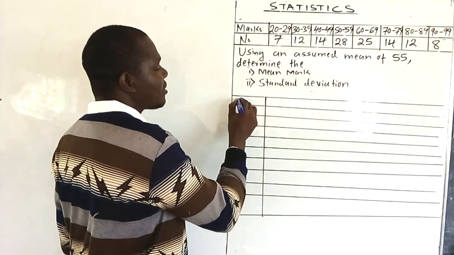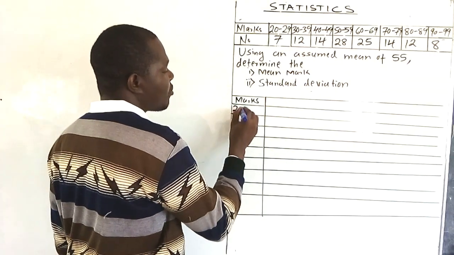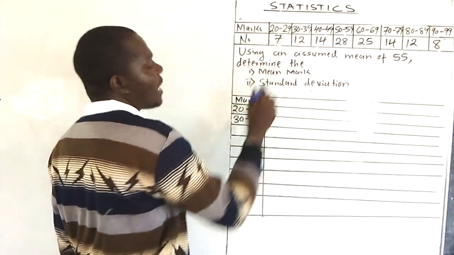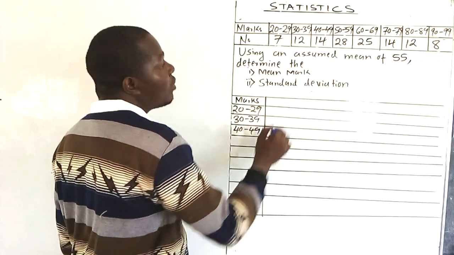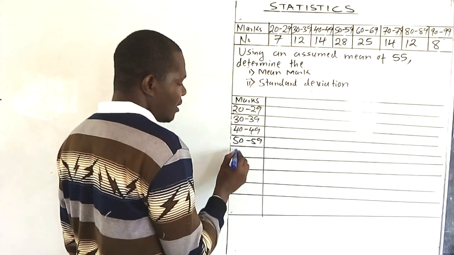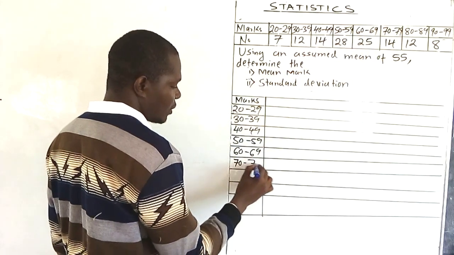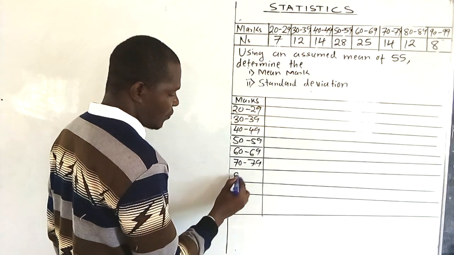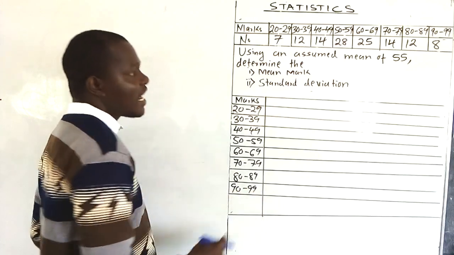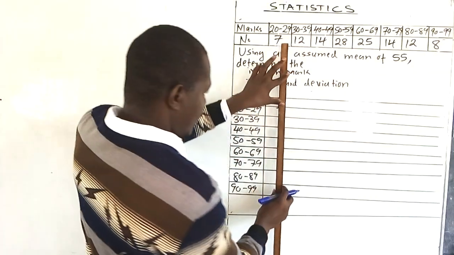And those classes marks are from 20 to 29, then from 30 to 39, then 40 to 49, then 50 to 59, then 60 to 69, then 70 to 79, then 80 to 89, then 90 to 99. Then the number of students is giving us the frequencies, isn't it?